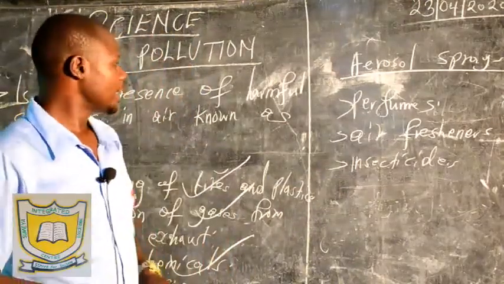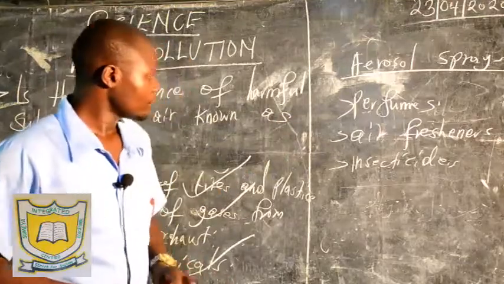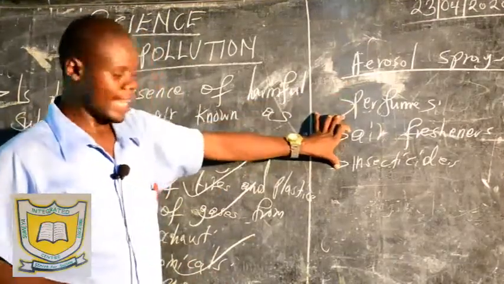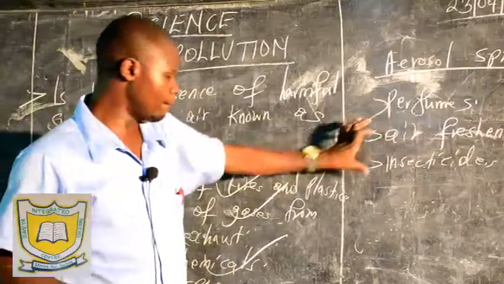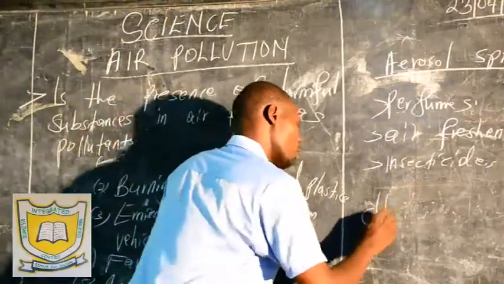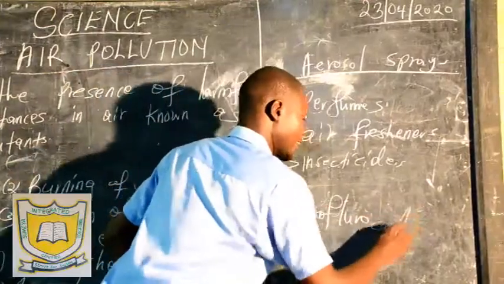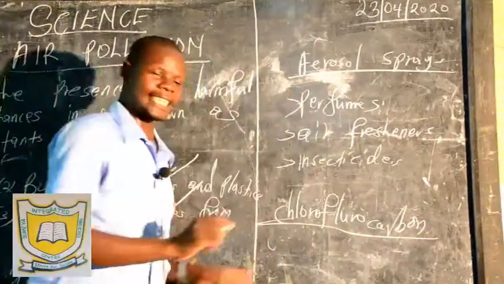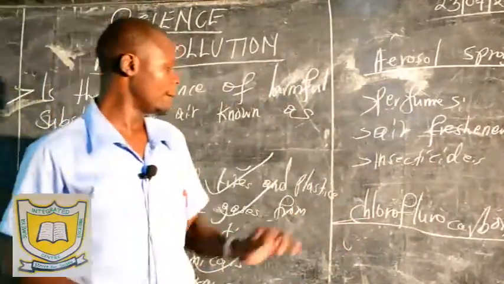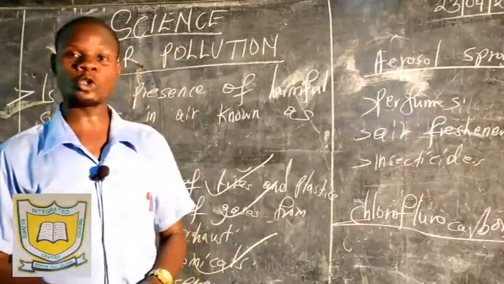In which way? These perfumes have a chemical by the name chlorofluorocarbon. They have a dangerous chemical known as chlorofluorocarbon that destroys the ozone layer.